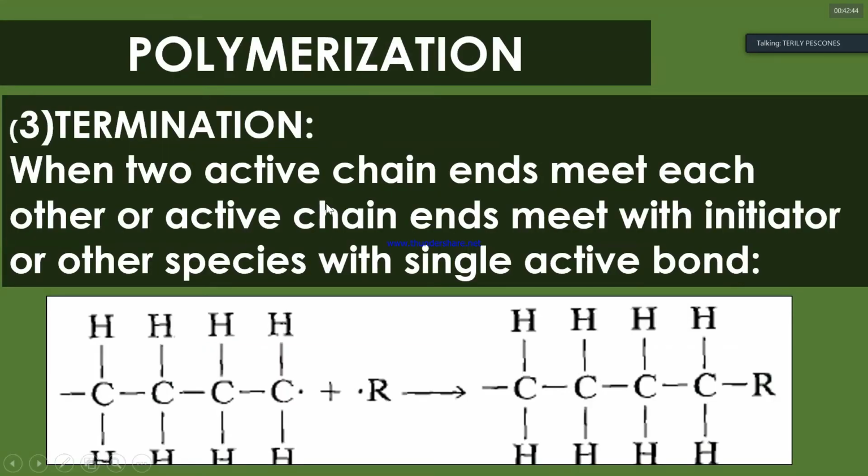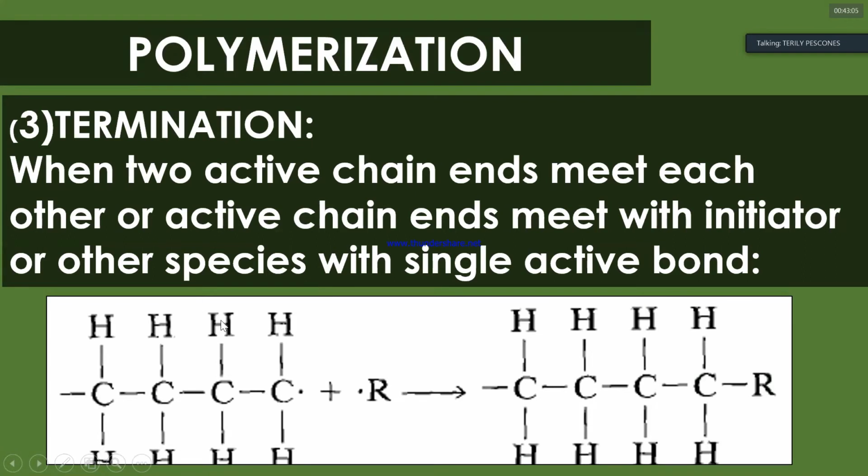Then, we have when 2 active chain ends meet each other, or active chain ends meet with initiator or other species with single active bond. So, eto na siya. This one, eto yung na-form natin, di ba? And then, meet with this. So, magkakaroon na ngayon ng terminal compound natin. Okay?